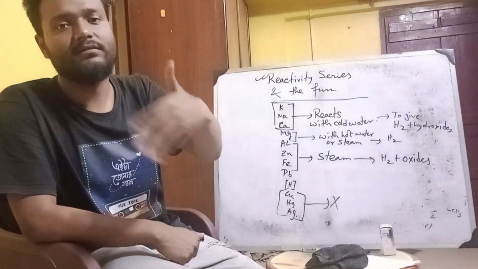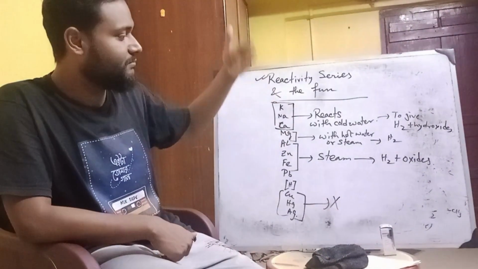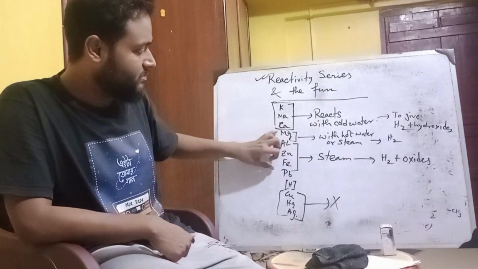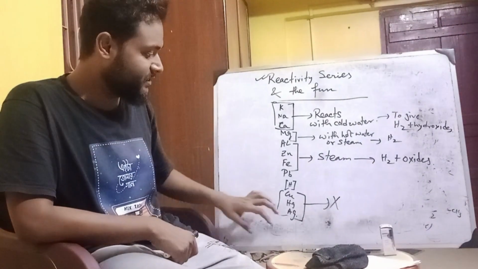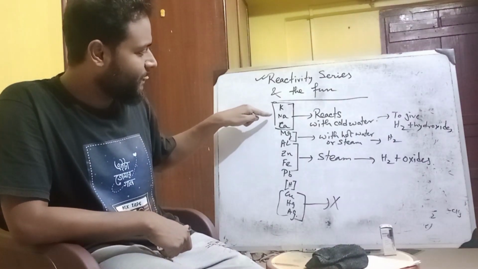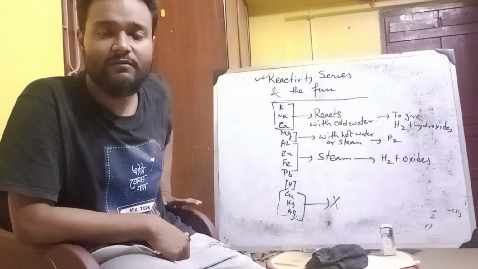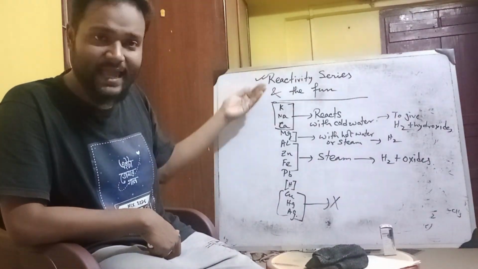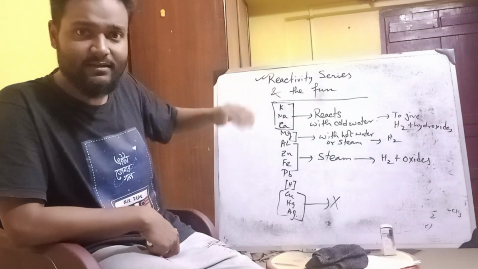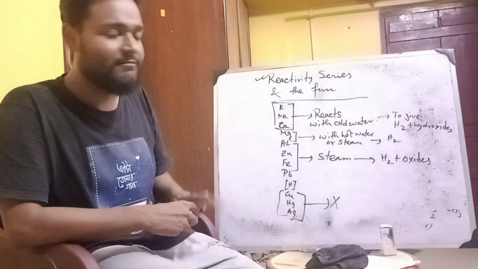Now we can conclude. Top metals have high reactivity, the middle ones have moderate reactivity, and the last ones have very low reactivity. But the main fundamental fact in reactivity is that the more reactive metal can displace the less reactive one, but the less reactive one cannot displace the more reactive one.